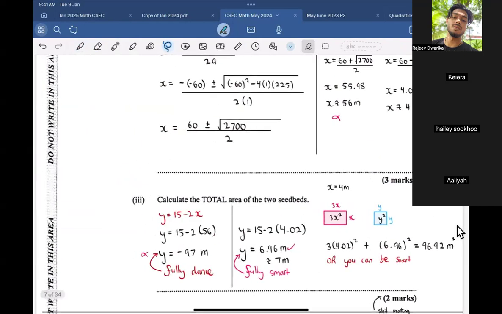So all you had to do was say 3x squared by 2. That's all you had to do. Try it. Say 3 by 4.02 squared by 2. You get the same answer.